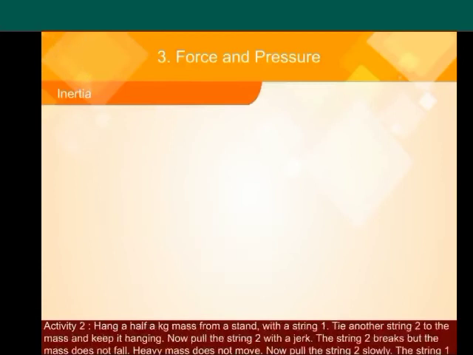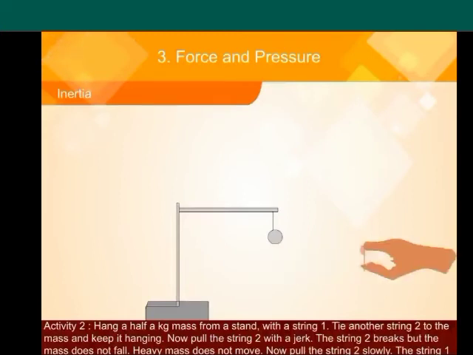Activity 2. Hang a half kg mass from a stand with a string, string 1. Tie another string, string 2, to the mass and keep it hanging. Now pull string 2 with a jerk.